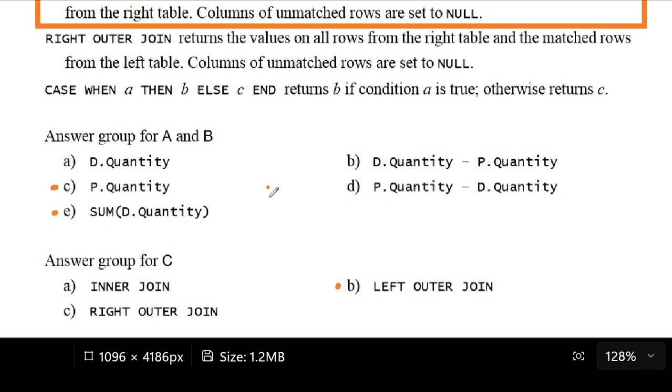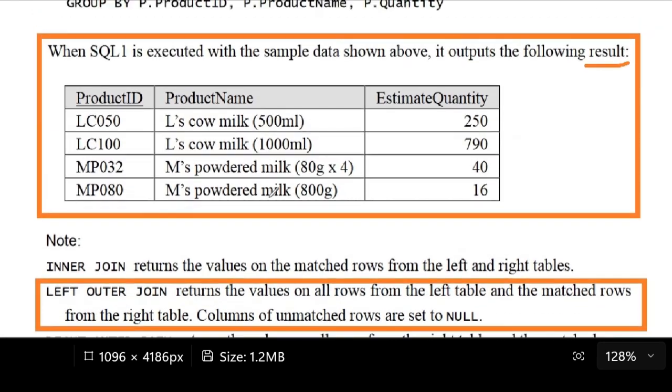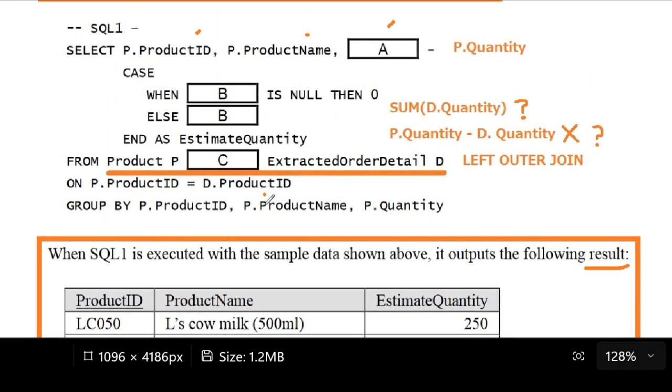The reason for that is because if you go back to the SQL command, the P here and the D here are not the same, and we'll know from the row above it that D is supposed to be the extracted order detail.